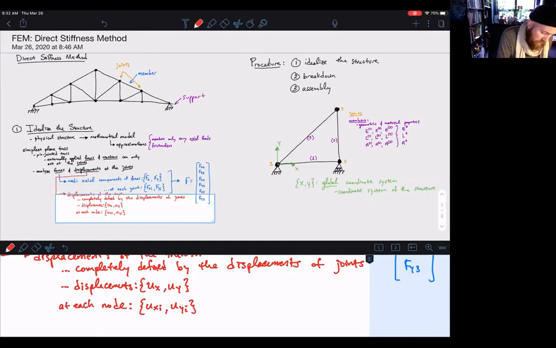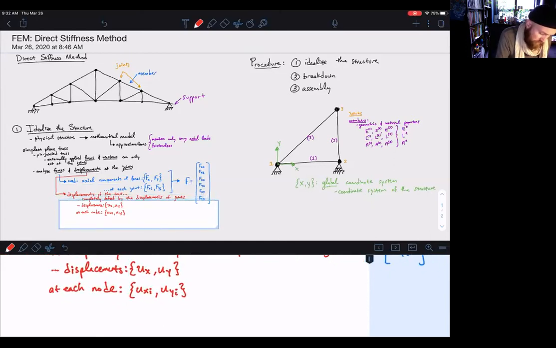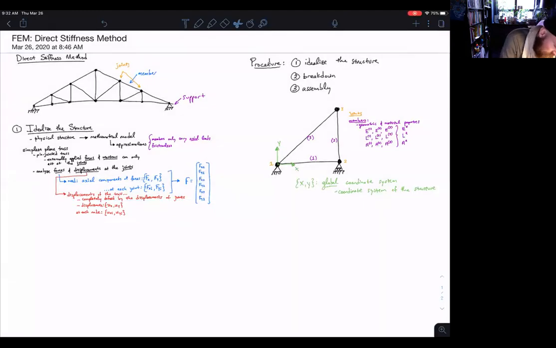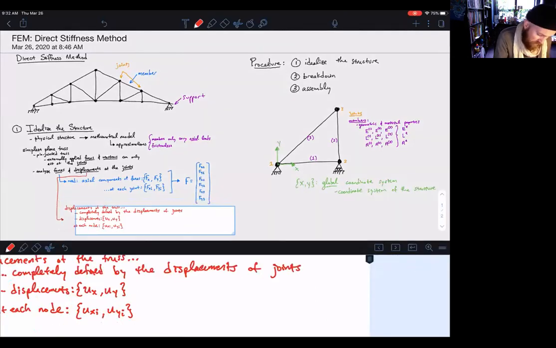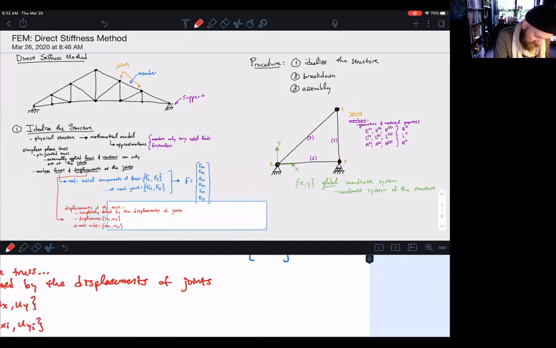And therefore, let me write this out over here. This all got garbled here, didn't it? There we go. That's a little bit better. Okay. And so we can do the same thing as we did before, and our displacement vector is going to look basically the same.